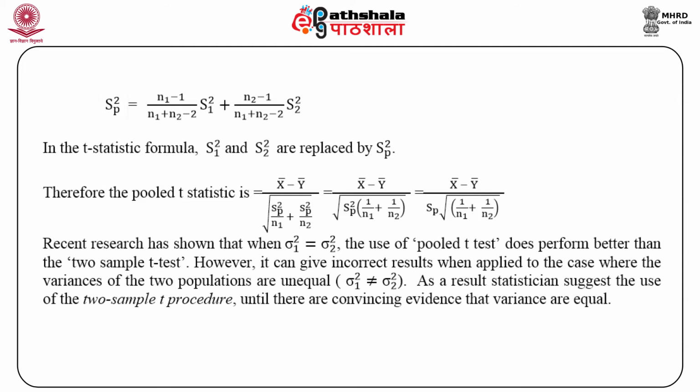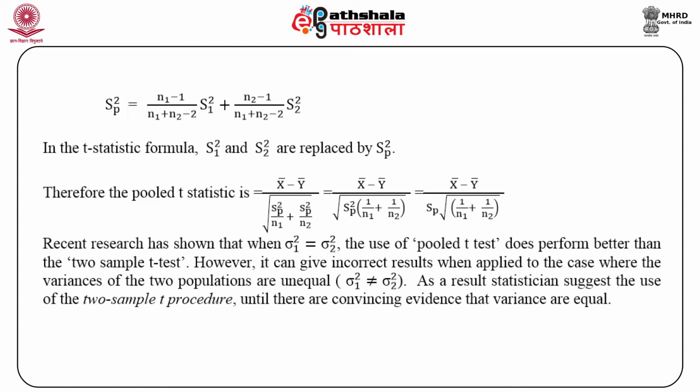Therefore, the pooled t statistic becomes (x̄ − ȳ) divided by the square root of Sp²/n1 + Sp²/n2. This equals (x̄ − ȳ) divided by the square root of Sp² times (1/n1 + 1/n2), which equals (x̄ − ȳ) divided by Sp times the square root of (1/n1 + 1/n2). We define this as equation 5.